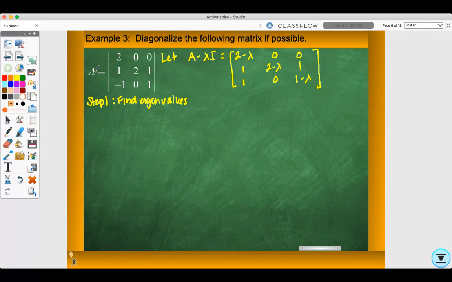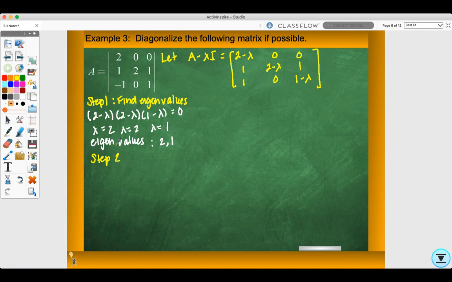So we need our equation. So we'd have 2 minus lambda times 2 minus lambda times 1 minus lambda equals 0. Solve for that, and I'd have lambda equals 2, lambda equals 2, lambda equals 1. So my eigenvalues are 2 and 1. Step 2, find 3 linearly independent eigenvectors of A.